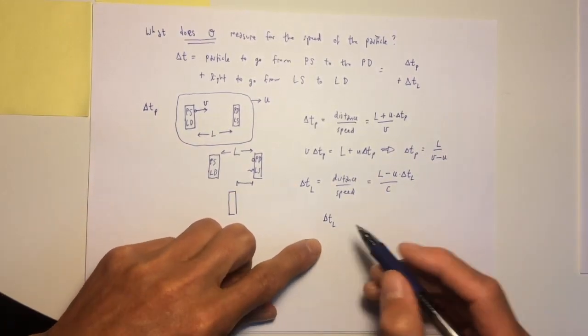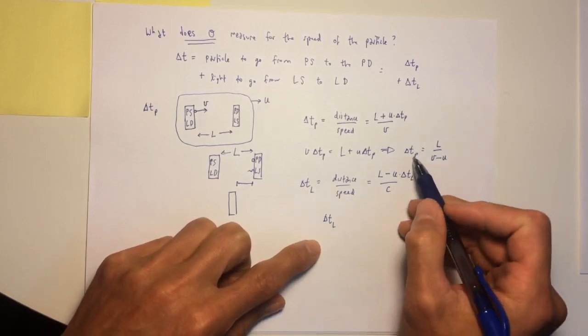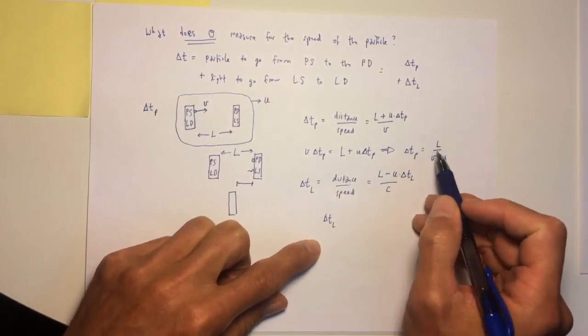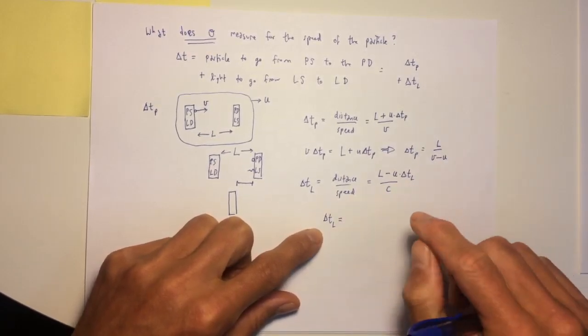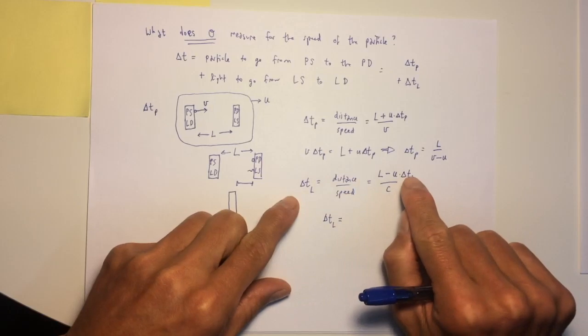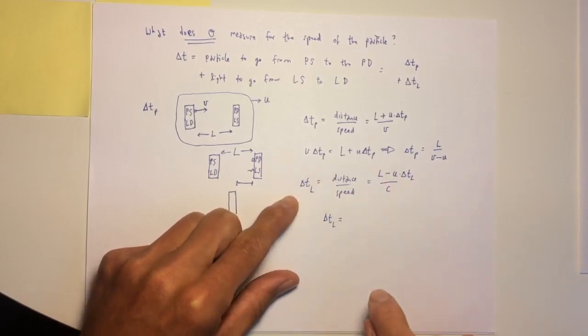So just like we solved for delta t sub P up here, delta t sub L is going to be, so you multiply the C up and then add the U delta T over.